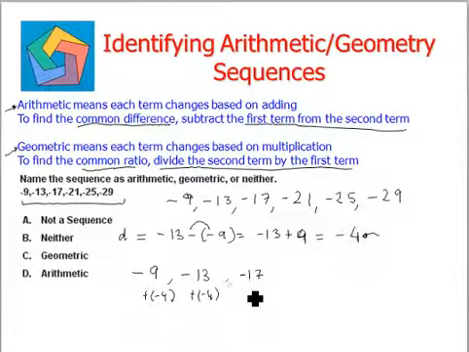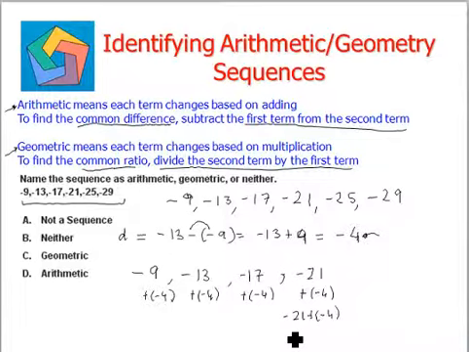In -17, if we add -4, this is going to become -21. Again we add -4, so this is -21 plus -4, which is equal to -21 minus 4, which is -25.